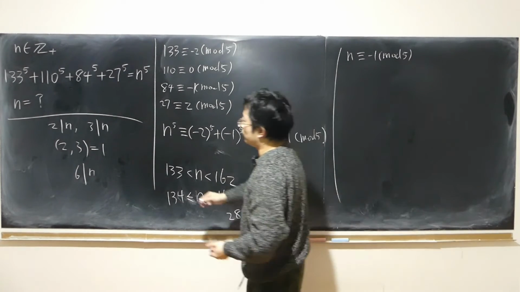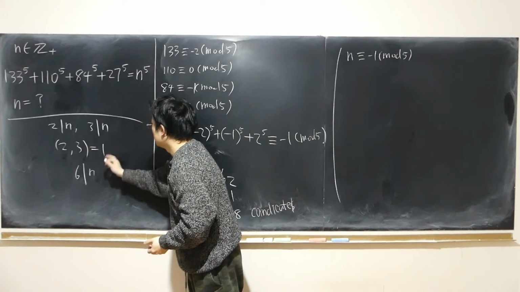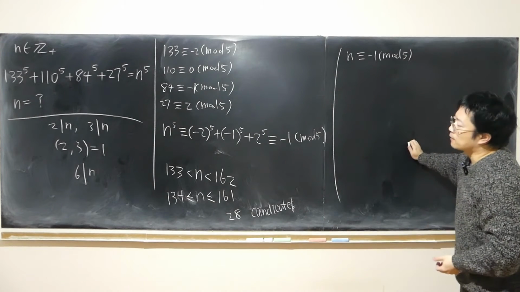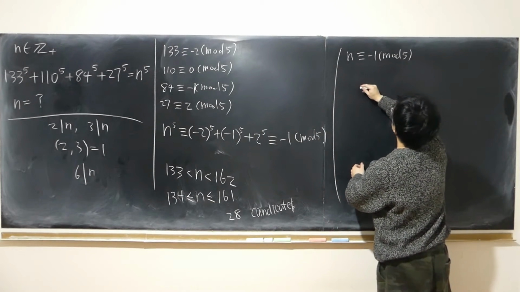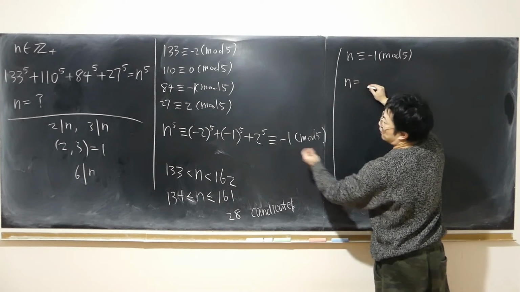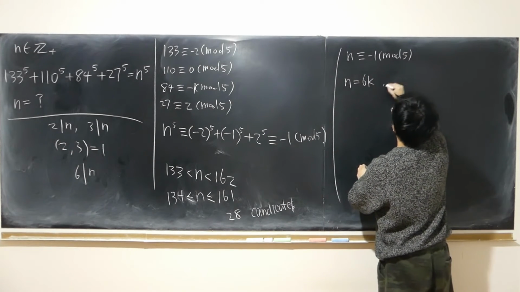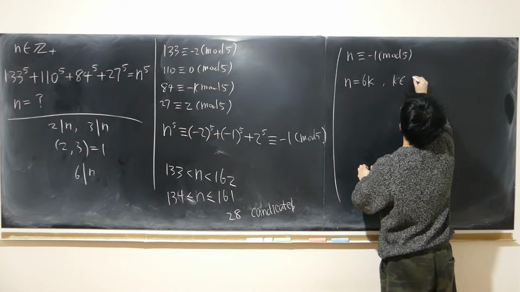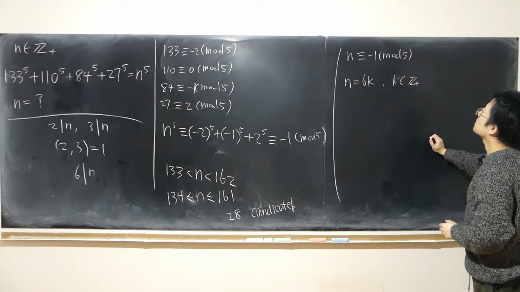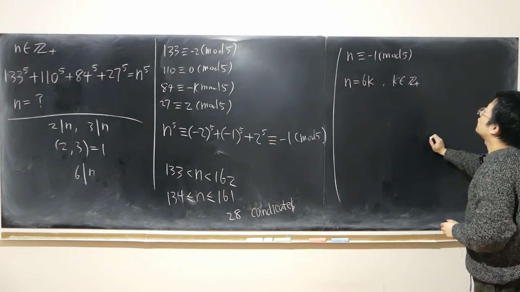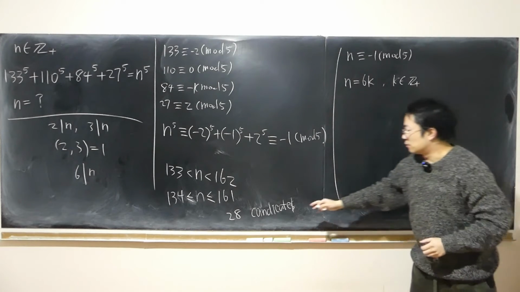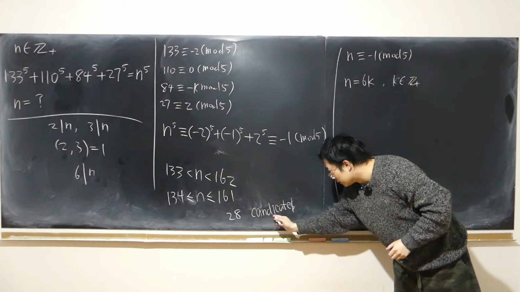Because we've already concluded that 6 divides n, right? I can just write n as 6 times k, where k is some positive integer. If that's the case, I want to know, because remember, there are only 28 candidates, right?